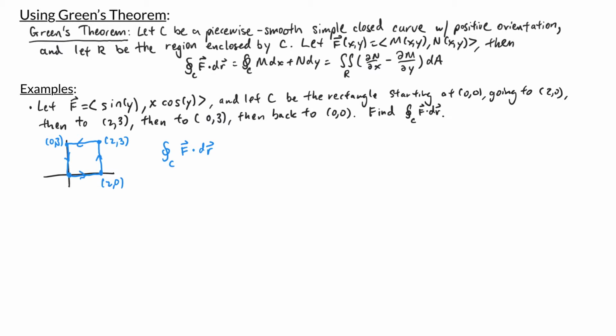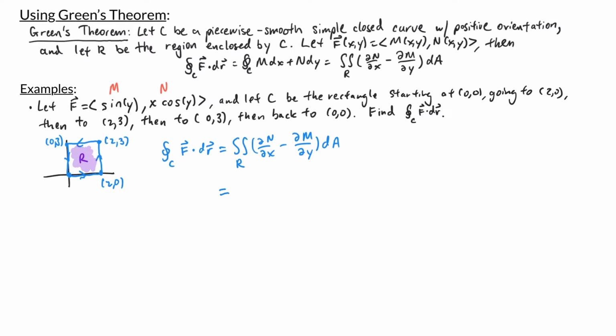So the line integral of f dot dr is equal to the double integral over our region R of the partial derivative of n with respect to x minus the partial derivative of m with respect to y dA. In our problem here, m is sine y and n is x cosine y, and our region R is the region inside this rectangle.